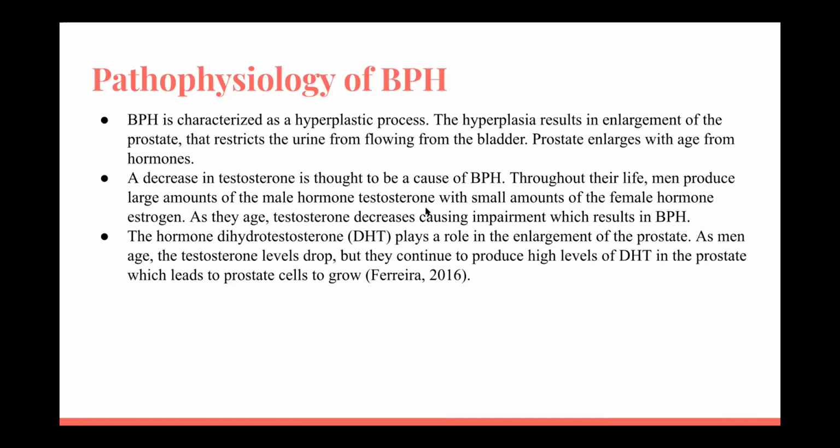As they age, testosterone decreases, which causes an impairment. And then the hormone DHT plays a role in the enlargement of the prostate. So the testosterone decreases, but DHT is still at high levels, which leads the prostate cells to grow.